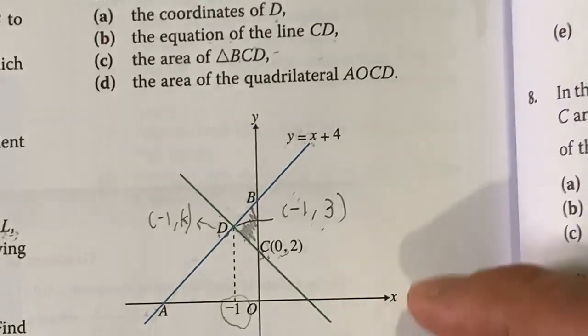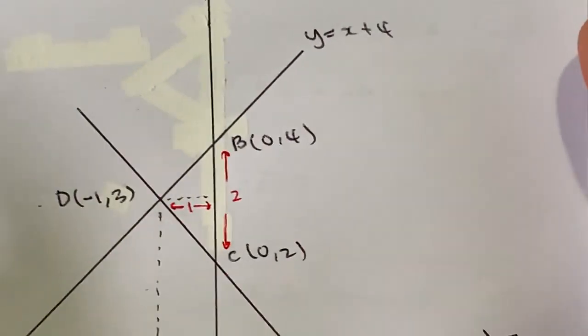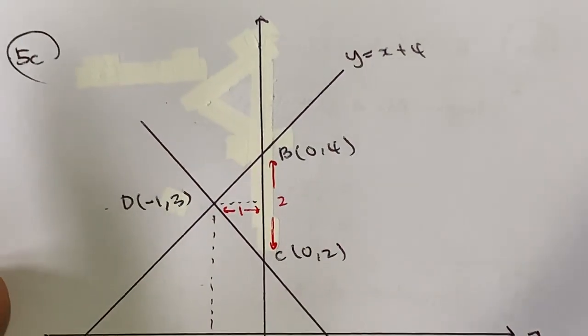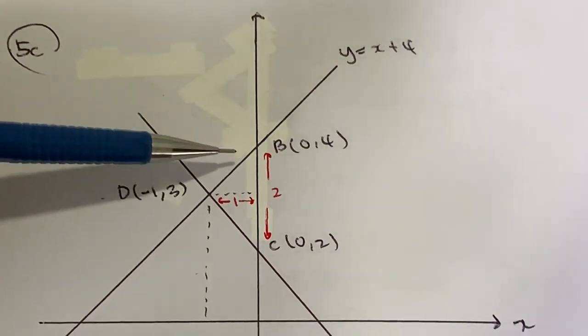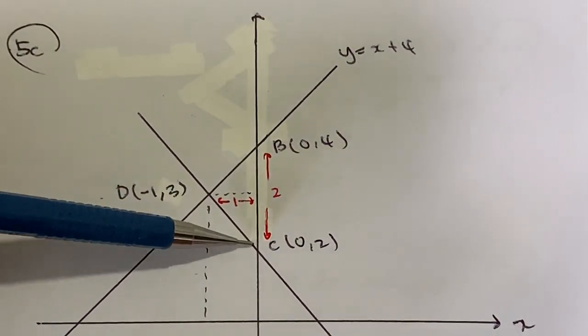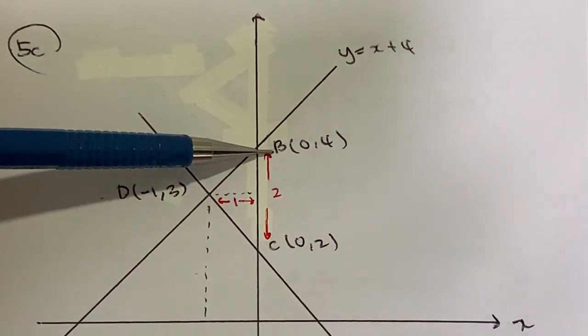So I have drawn it here to study the triangle. The D and the C we already know, but we have no idea yet what the coordinates of B are.